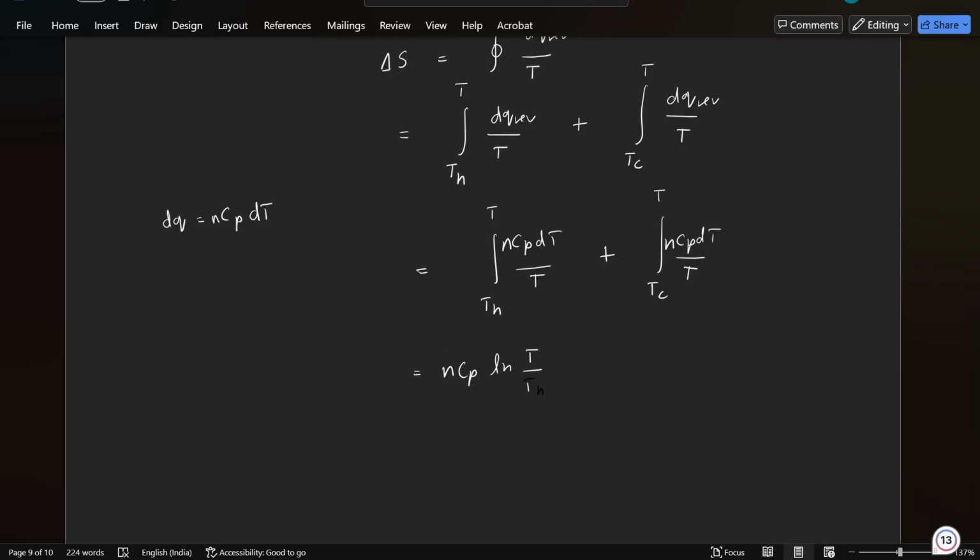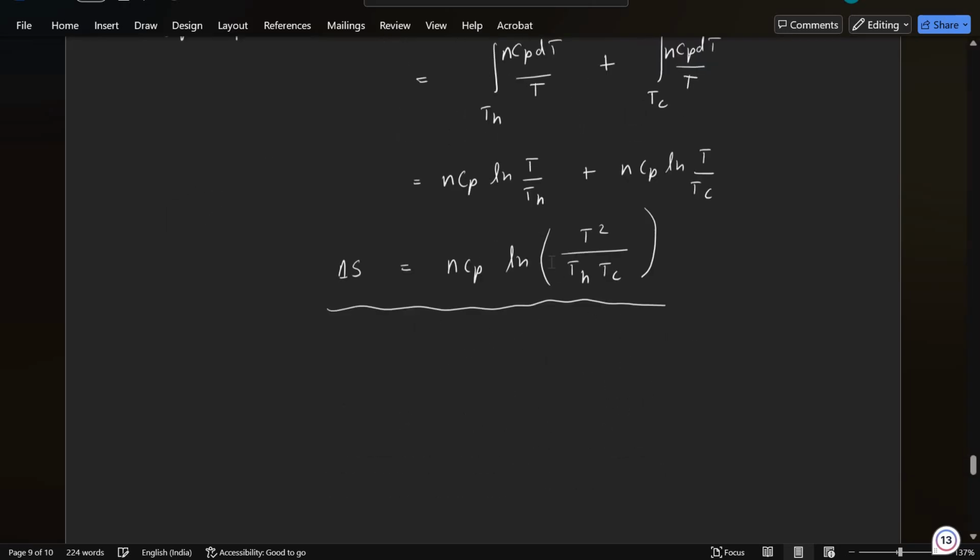Plus n Cp ln T by Tc. So what's the final expression then? We can multiply these two, no? n Cp ln of T squared by Th Tc. Yes. So this is the final expression.